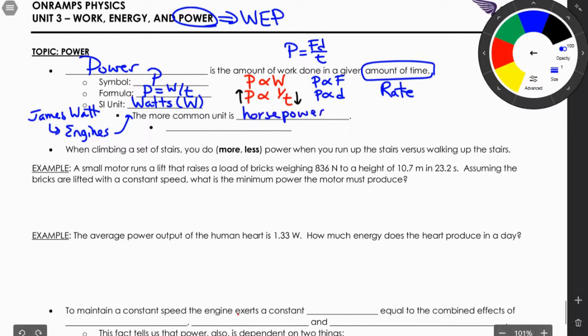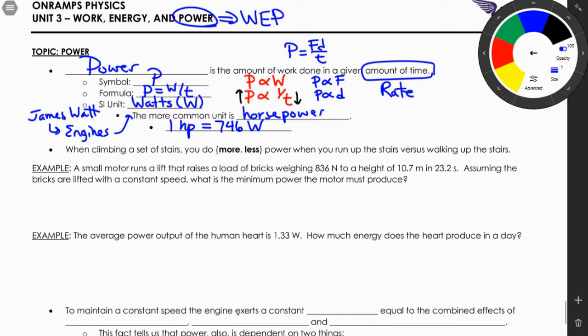So when Watt was selling his engine, he had to go to farmers and say, hey, look, I've got this machine that can replace that whole barn of horses. And so this is kind of where that unit came from. The conversion factor between horsepower and watts is 1 HP is 746 watts.